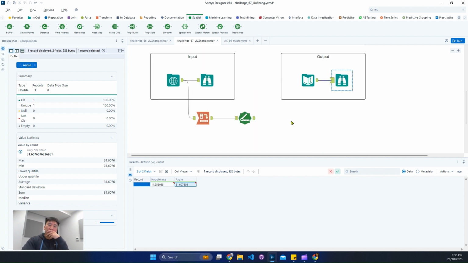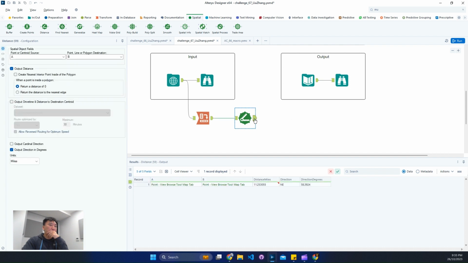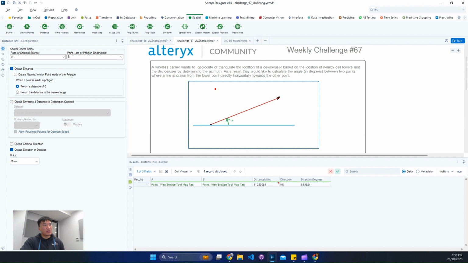Hmm. Let me think. Maybe what Alteryx gave you is actually the bearing, so Alteryx probably gave you 58 degrees measured from north.